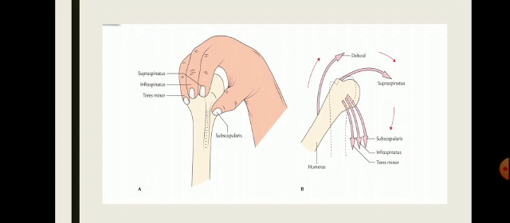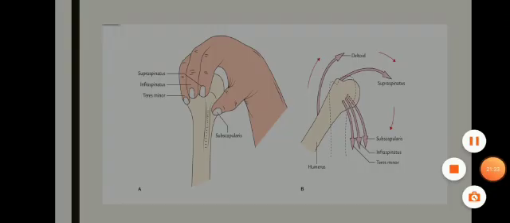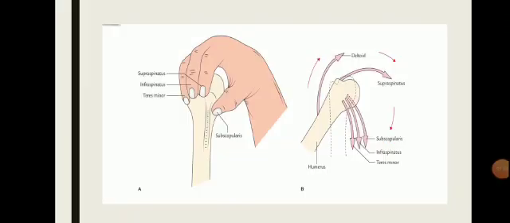This holds the head of the humerus, so it pulls the head of the humerus medially into the glenoid cavity, so it is easier. Okay, this is the coracoacromial ligament, we have come across it.